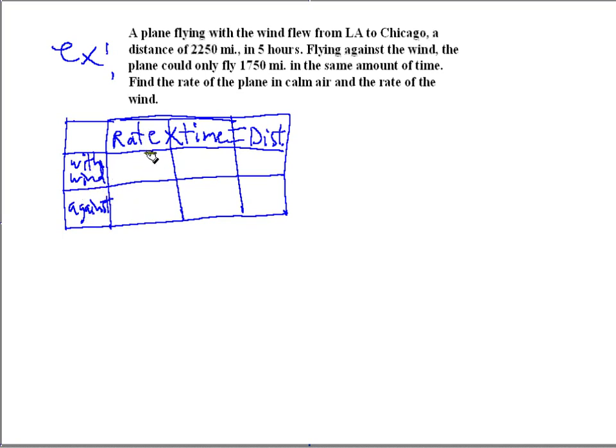Now, what is the rate in this case? I want to know two things here. It says find the rate of the plane in calm air and the rate of the wind. So these two things will be my variables. Let me let R be the rate of the plane in calm air.